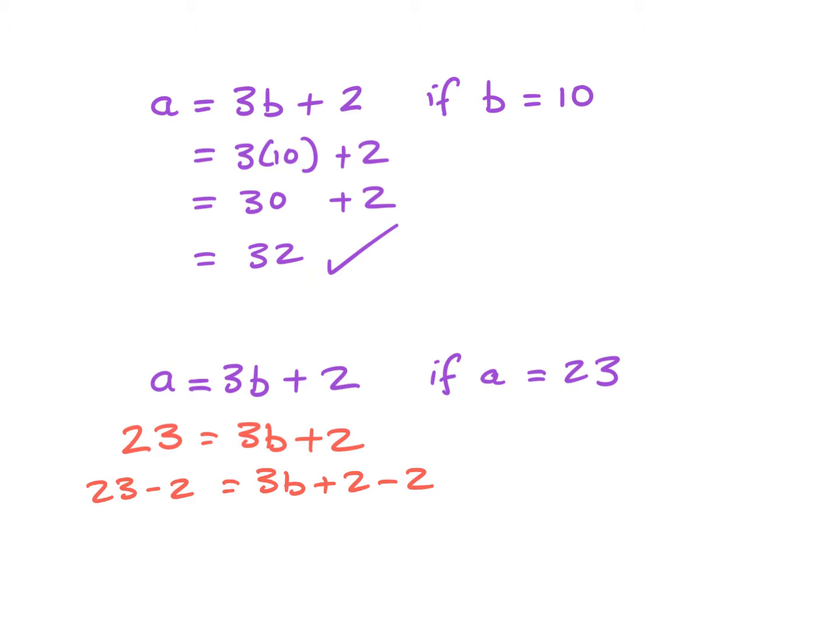So you can see what I've done on the left hand side, which is the minus 2, I've done on the right hand side, and that will cancel those two out over there. And this will be 3b on the right, and 23 subtract 2 is going to give me 21. And then the next thing I'm going to do is I've got to say what times 3 is going to give me 21. Well, it has to be 7, so 7 is equal to b, and that would be the answer.